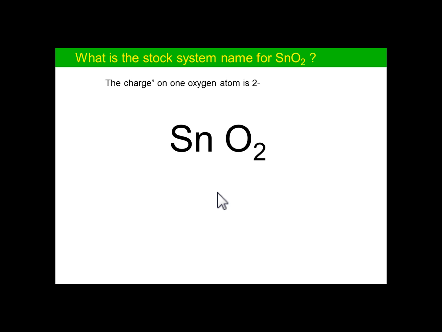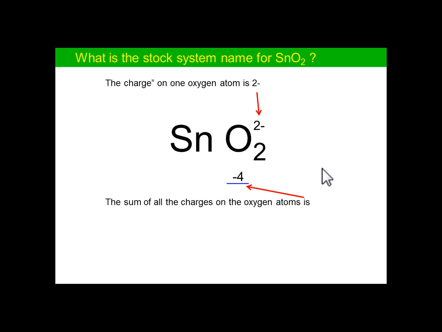So you look at the charges. Now we know the oxygen is minus 2, and there are 2 of these. So the total negative here multiplies out to be minus 4. That's 2 oxide ions, each with a minus 2 charge, is minus 4. Now tin is one of those things that could have a couple different charges. We don't know which one it is.